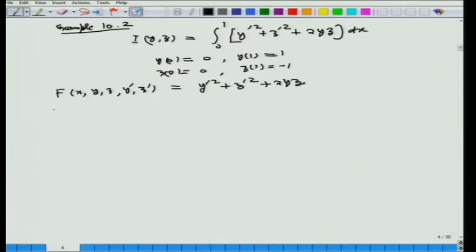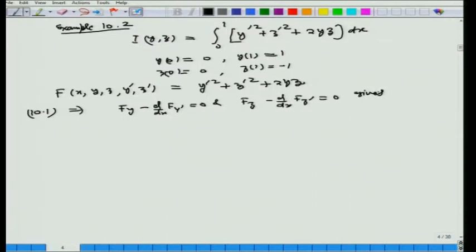And so, the system 10.1 implies that f_y minus d by dx f_{y'} equal to 0 and f_z minus d by dx of f_{z'} is 0.